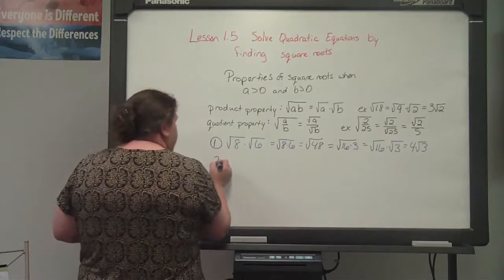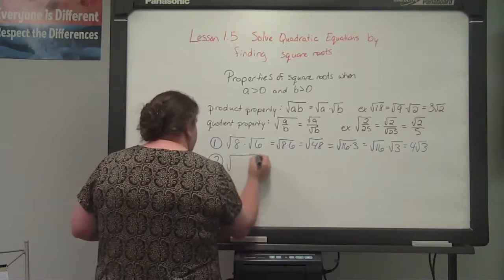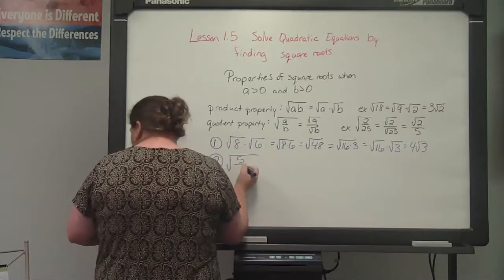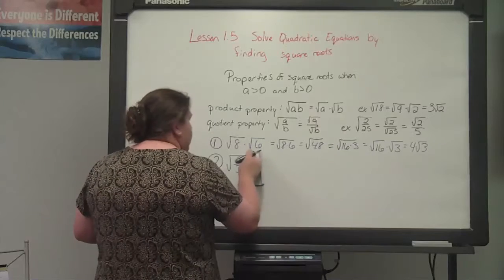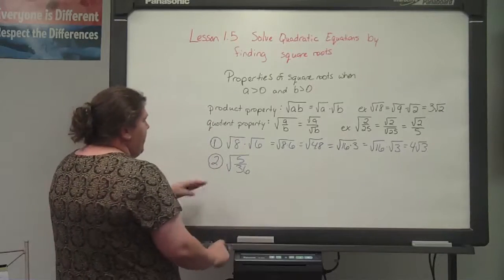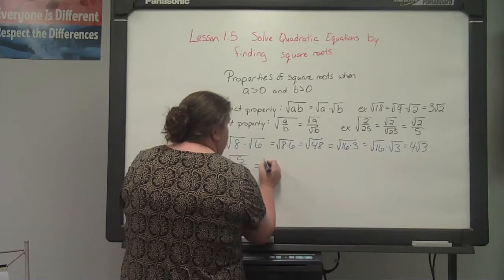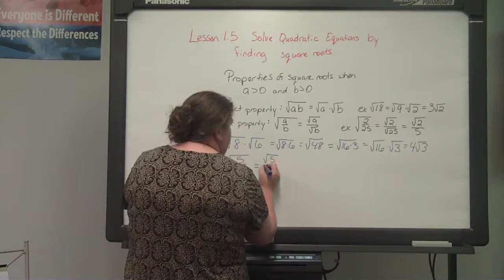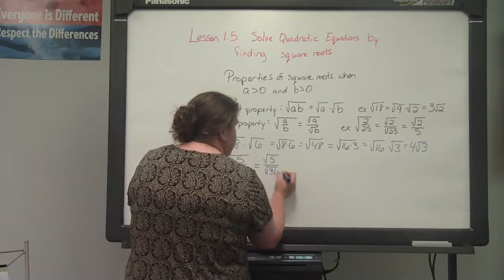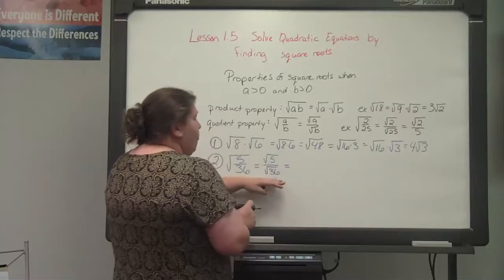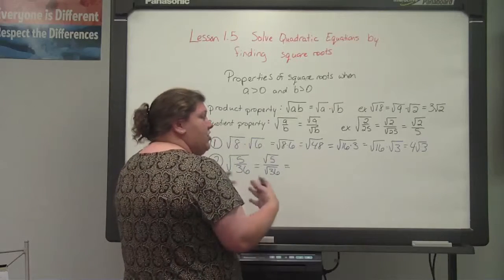The second example is going to be the square root of 5 over 36. Again, we know that when we have the radical over a fraction, we need to rewrite it as a radical on top, which is the square root of 5, and a radical on bottom, which is the square root of 36. We cannot have a radical on the bottom of the fraction, which is the denominator.